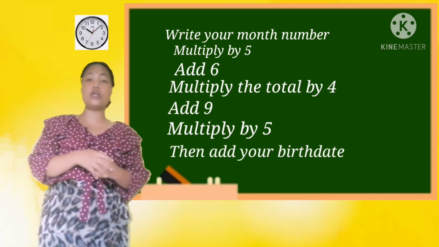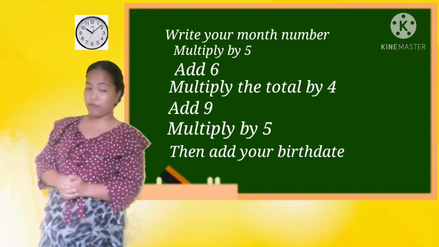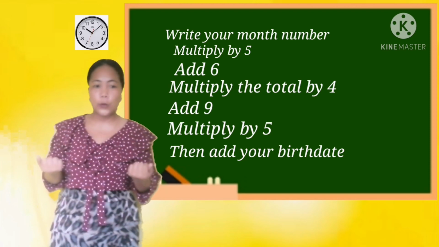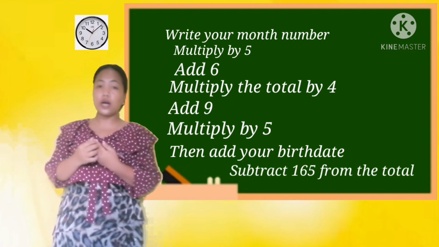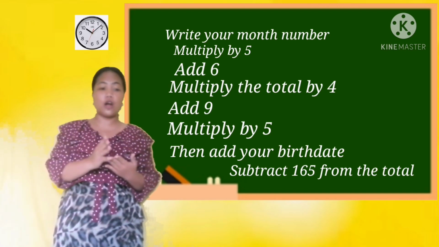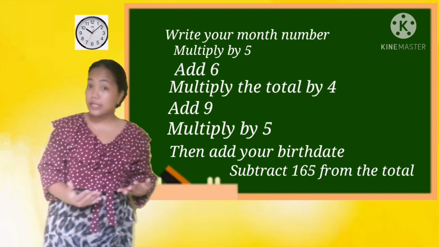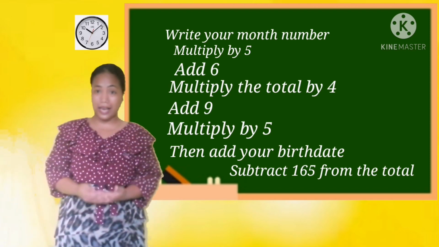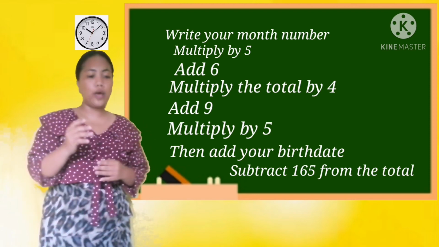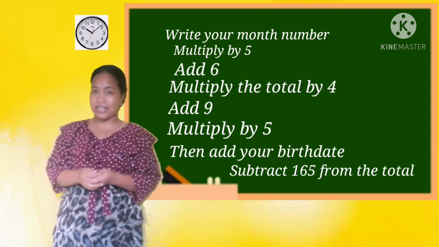Like for example, you were born on June 12, so put 12. Now, the last one is subtract 165 from the total that you get. And then you will be surprised because you will have the month number and the day of your birthday.